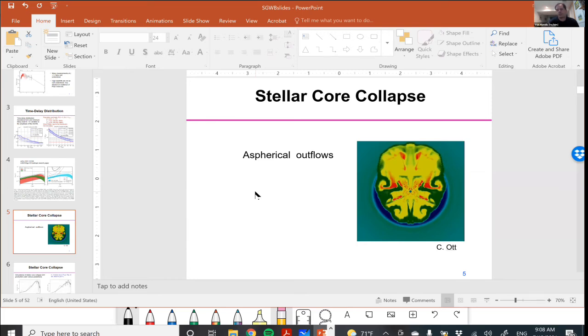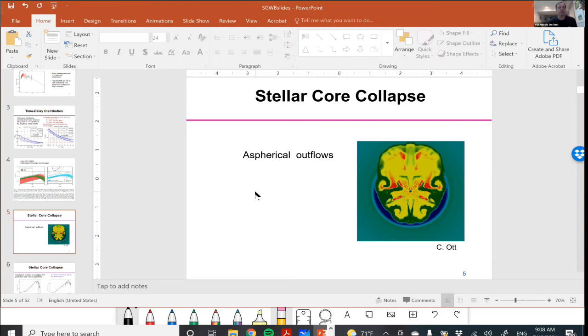What I'm showing here is a result from one of the simulations by Christian Ott, and you can see the kind of mass non-uniformity in this stellar core collapse. You see that it's not spherical, and so again, we're in a situation where we have large masses moving relatively fast, and that, of course, results in gravitational wave production.